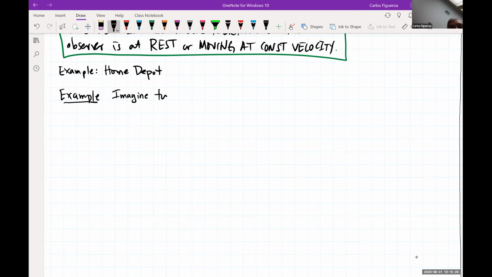For the sake of simplicity, I'm going to call them number 1 and number 2. So observer number 1 is going to be at rest relative to the platform.